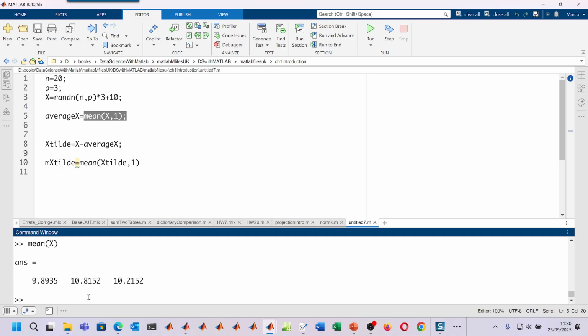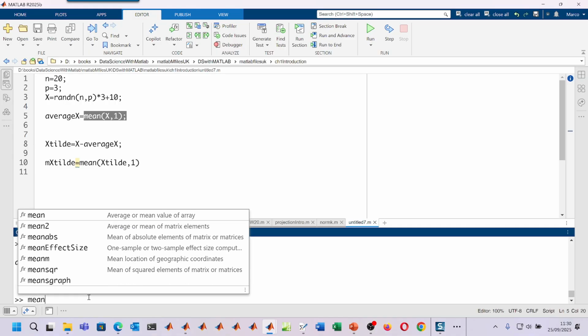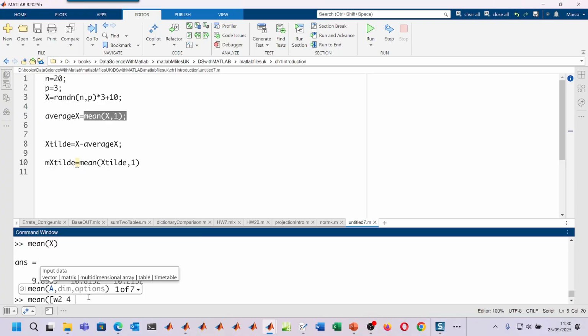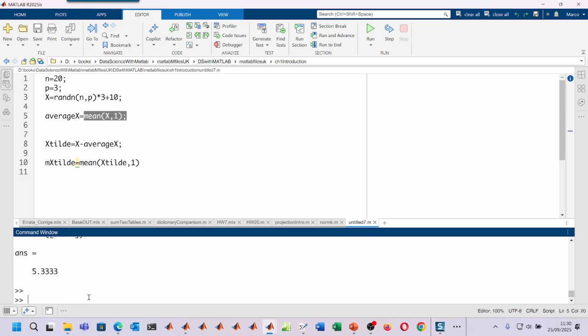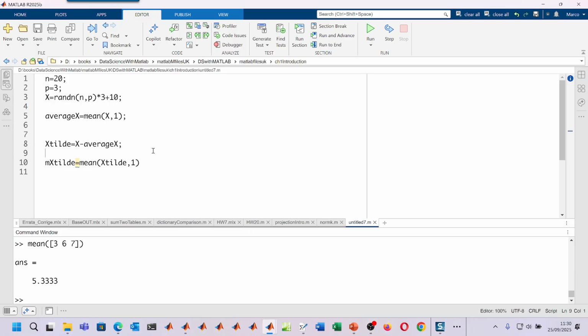On the other hand, if you do the mean of these three elements here, then it computes the mean of these three elements. So you have to be careful. It is always better to specify if you want to do the mean for columns or for rows. Now, these are their means.